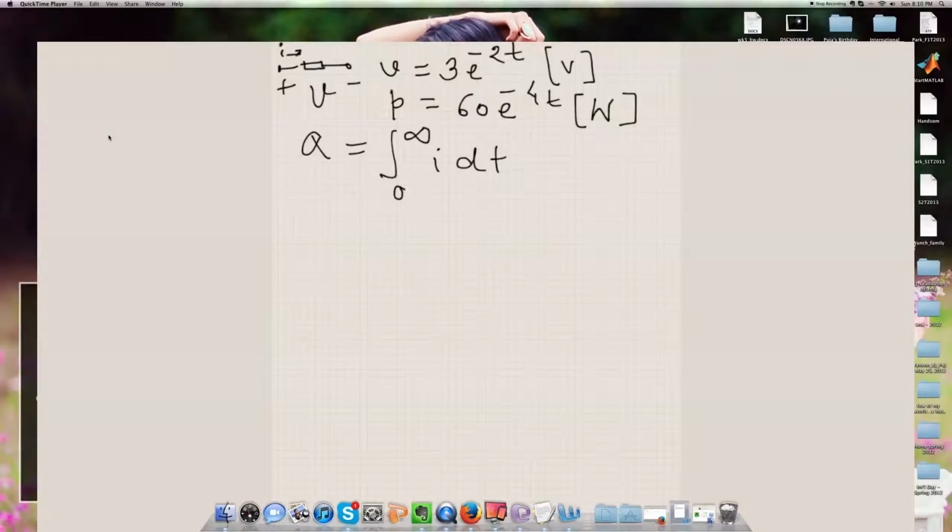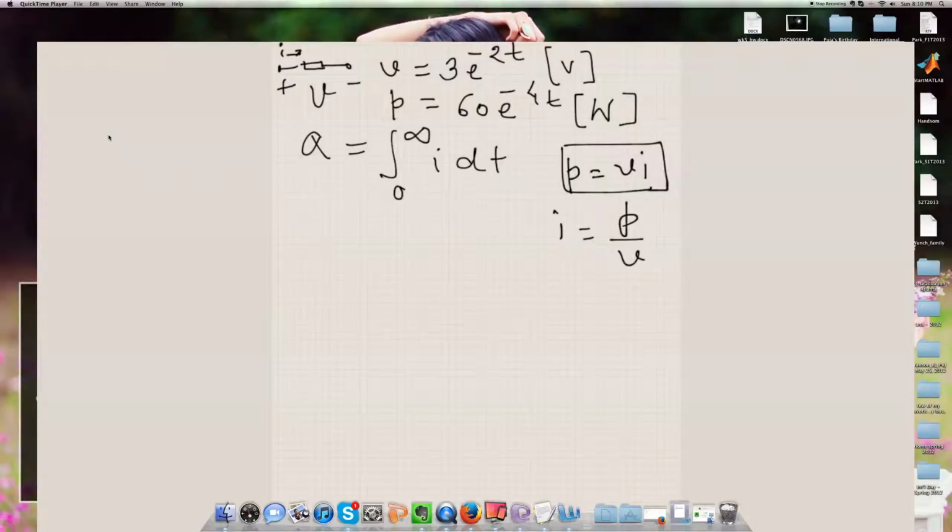If you recall, the power is given by voltage times current. Now what we have here is power and voltage already defined and given to us. So using as such, the current is primarily the ratio of power to voltage V.